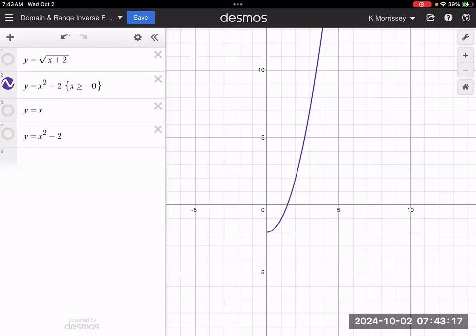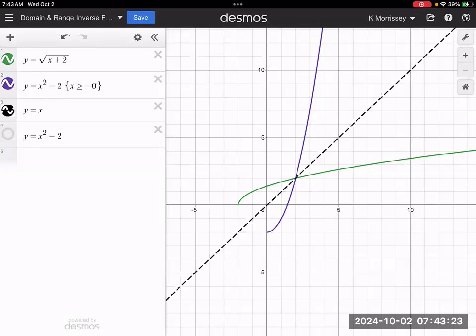And when we compare that to the original, notice that there should be an overlap. We are actually taking the inverse, and in doing so, we reflect it not over the y axis, not over the origin, and not over the x axis, but instead we're reflecting it over this y equals x equation. And they should be mirrored each other.